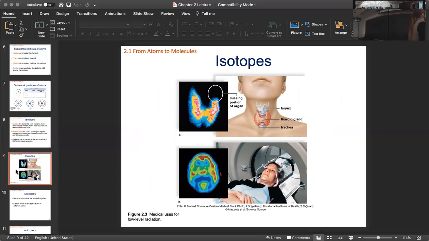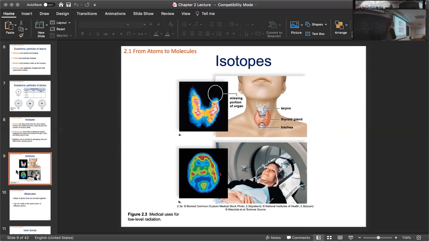So the top picture here, it says it's missing a portion of the organ. This is an image or kind of a scan of the thyroid gland. The thyroid is important for a lot of different things, and it's a gland. A couple of the main ones: it helps regulate your body temperature, and it helps with your metabolism.